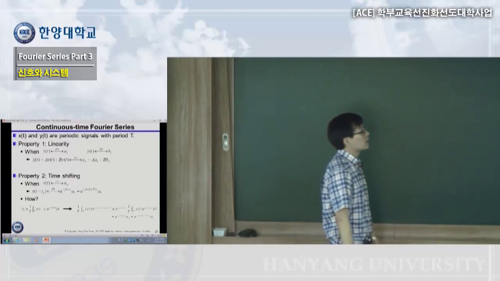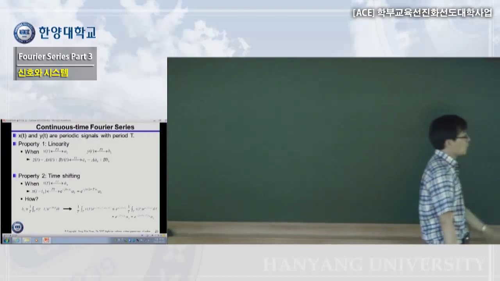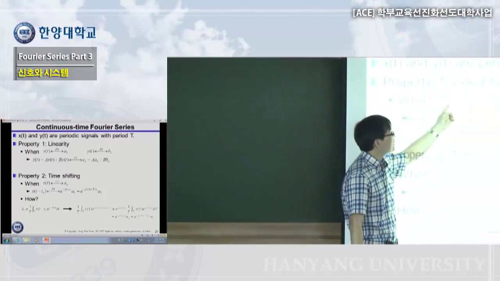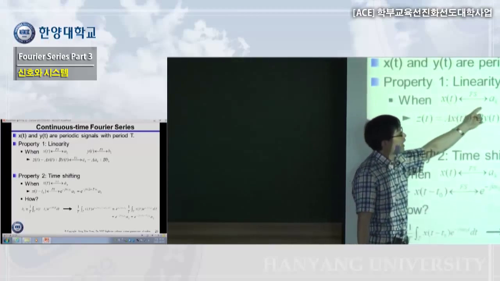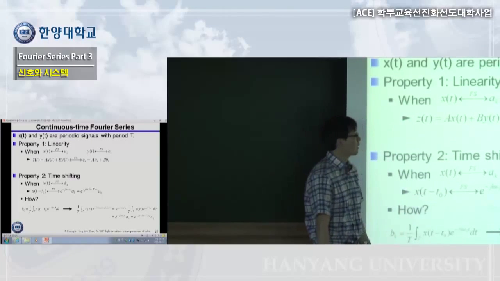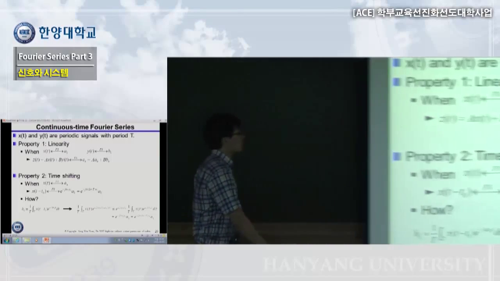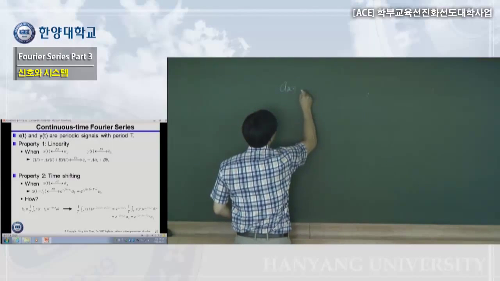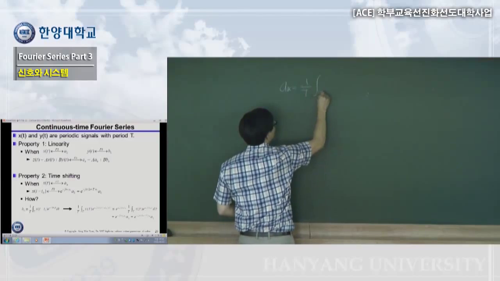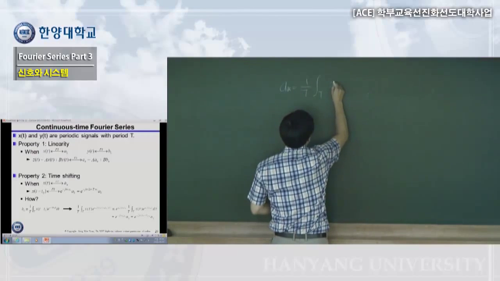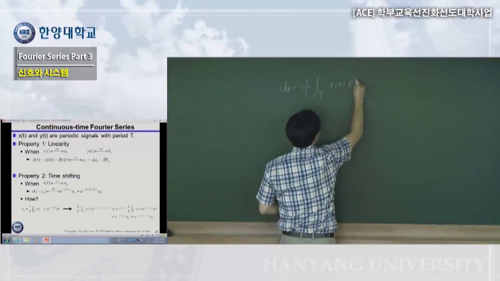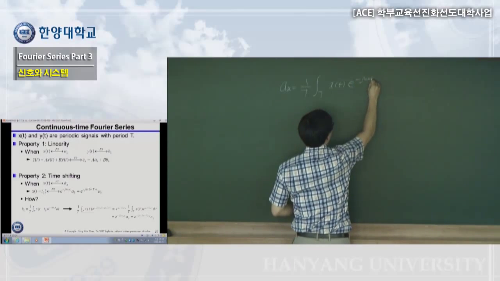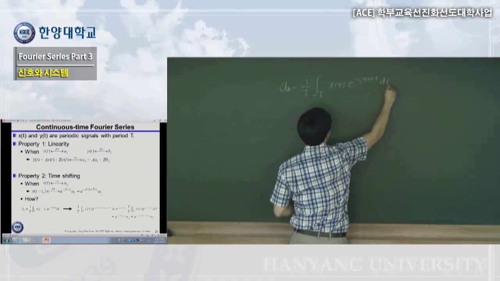In the case of linearity, that means when x is a periodic signal and ak is the corresponding Fourier series. So ak will look like what? ak will look like 1 over T, integral over a period, x(t) exponential minus j omega 0 kt dt.